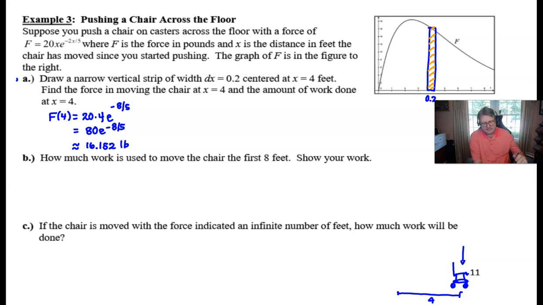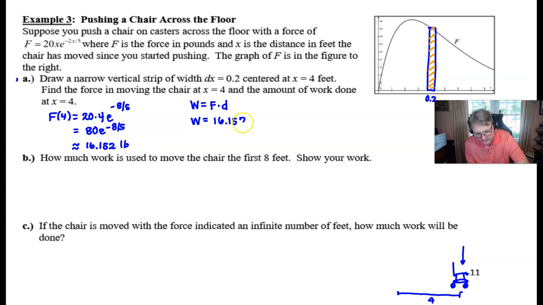All right. Now the second part asks, find the work done at x equals 4. Well, remember that our work is equal to force times distance, right? In this particular case, we already know that our force is 16.152, especially at that time x.